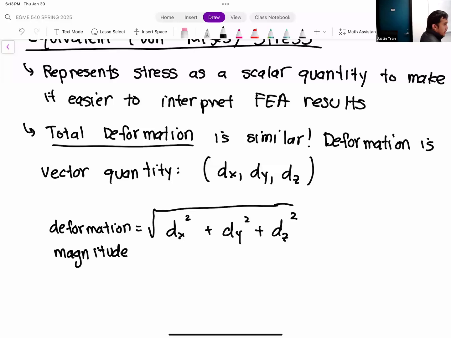Right. So that's the way that you take the magnitude of a vector. And this is the quantity that's actually displayed to you in ANSYS. So it doesn't tell you each individual component of deformation, but it tells you how much deformation there is. So you're taking a vector quantity, applying a formula, and transforming the components into a scalar quantity that's easy to visualize.